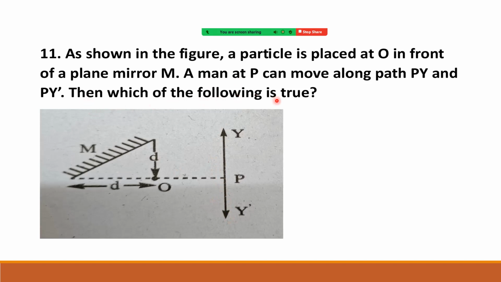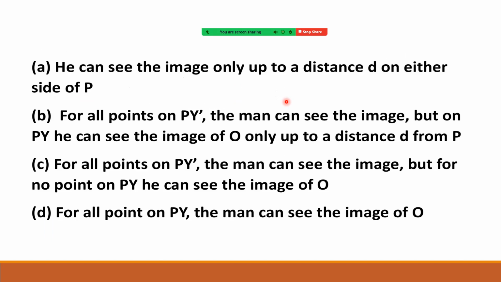Then which of the following is true? See the options. He can see the image only up to a distance d on either side of P. For all points on PY dash, the man can see the image, but on PY he can see the image.